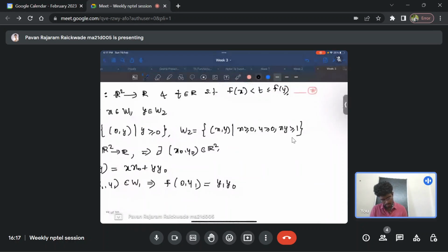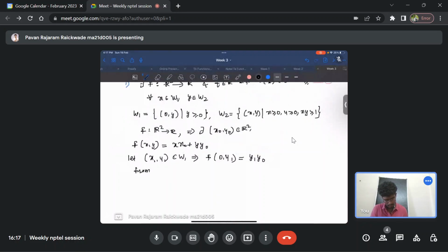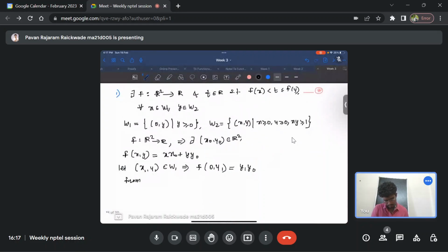So from star, y1·y0 is strictly less than t for all y1 ≥ 0.